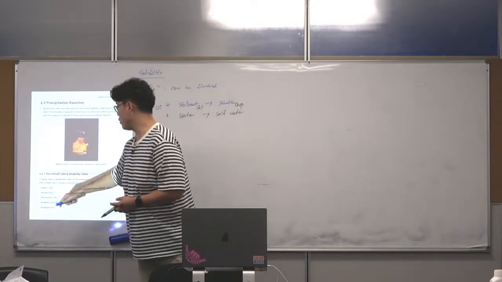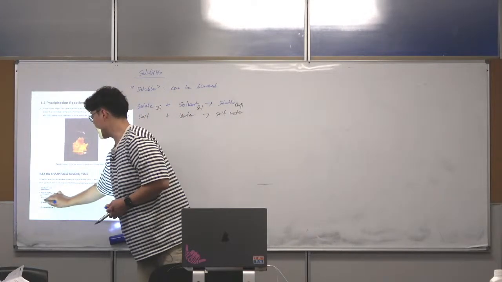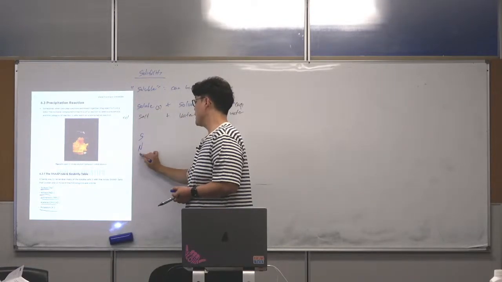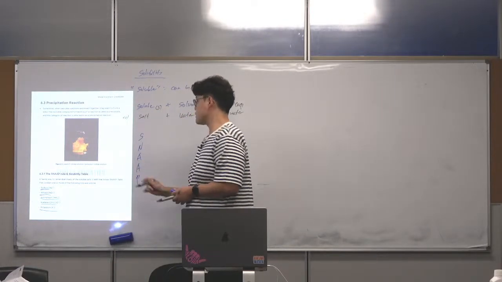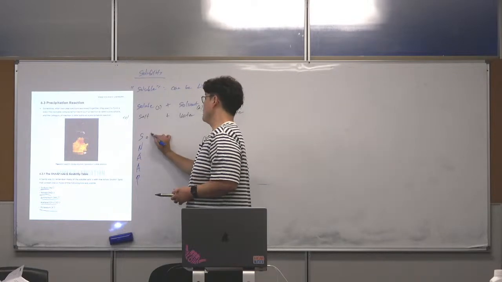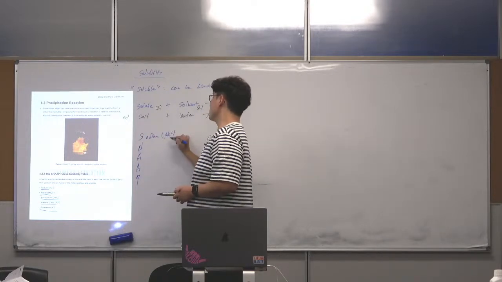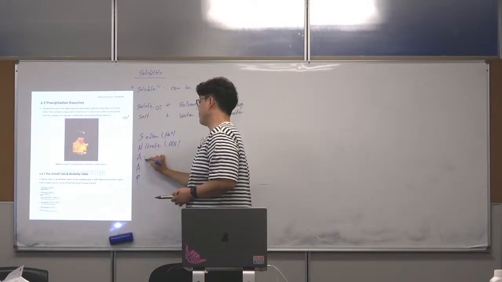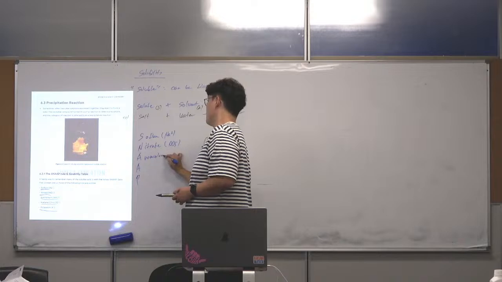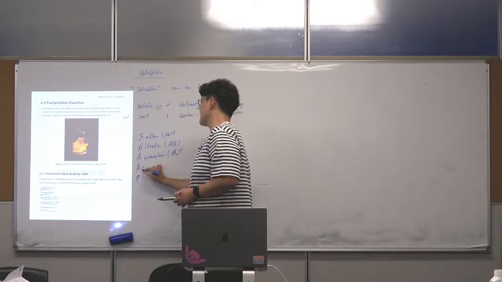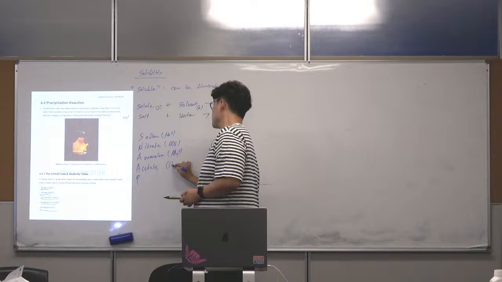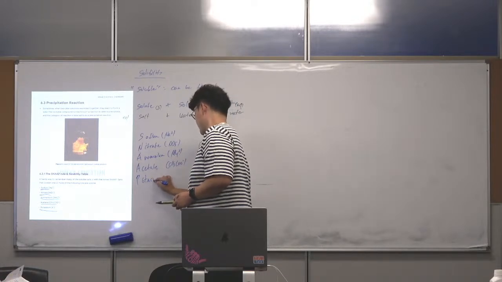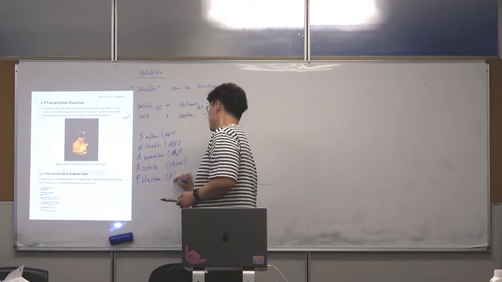SNAP stands for sodium, nitrate, ammonium, acetate, potassium. Let's write it down again: sodium, nitrate, ammonium, acetate, potassium. We call this SNAP. So sodium, Na+, nitrate, NO3-, ammonium, NH4+, acetate, CH3COO-, potassium, K+.